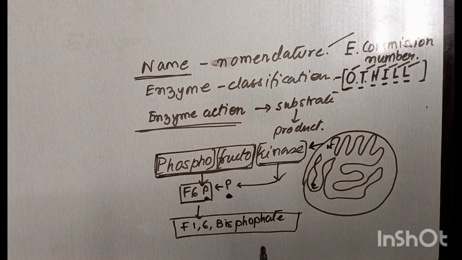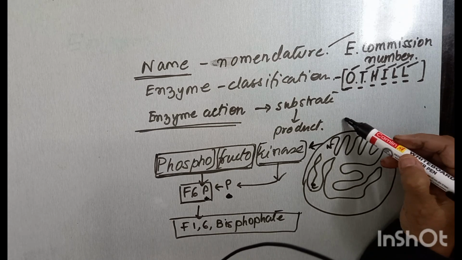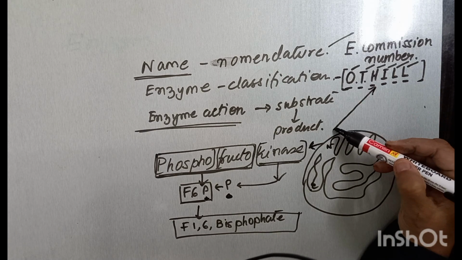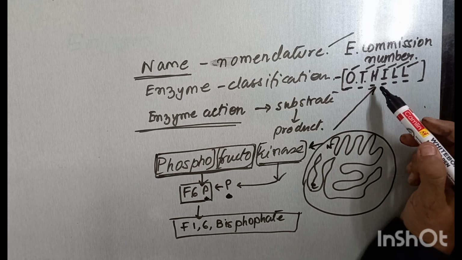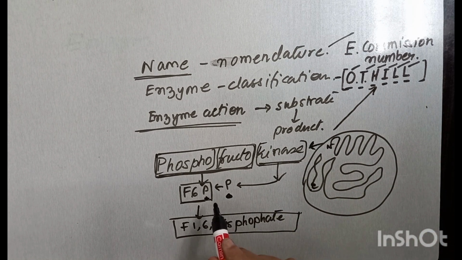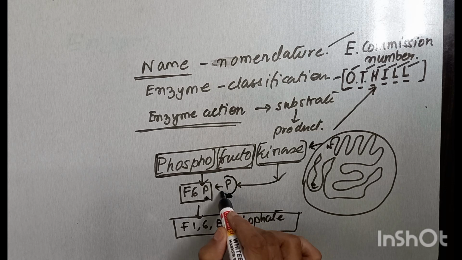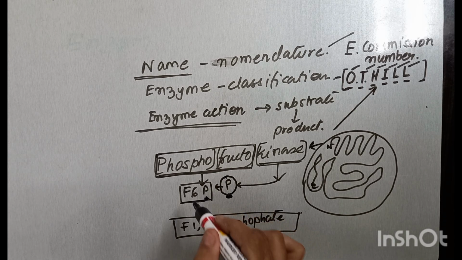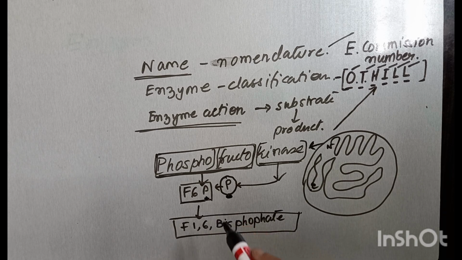Just a little bit about this. If I join these two concepts with the classification concept, what is this? It uses a phosphate from somewhere and adds this phosphate to fructose 6 phosphate. So the enzyme is getting the phosphate from somewhere.